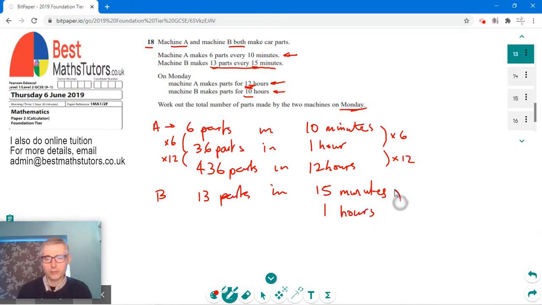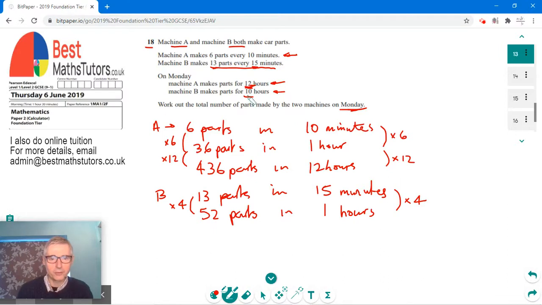It's 60 minutes in an hour, so we need to multiply the 15 by 4, because 4 15s make 60. So I'm going to times that by 4 to go from 15 minutes to 1 hour, and I've got to times this one by 4 as well. So 4 13s is 52. So we're going to make 52 parts in 1 hour.